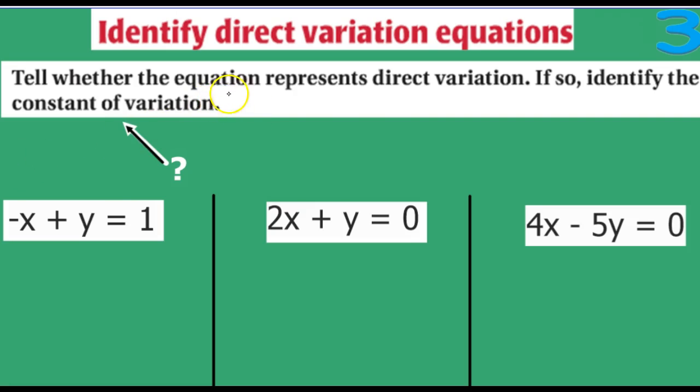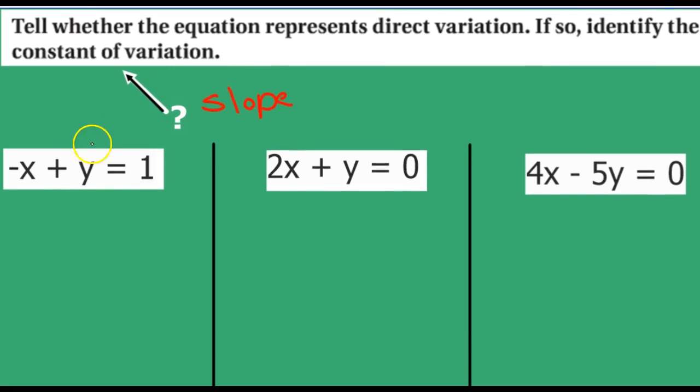Here we have to tell whether the equation represents direct variation or not. If so, identify the constant of variation. Now if you remember, the constant of variation, that's our slope. So we need to figure out if these have direct variation. So that means that we're not going to have a y-intercept. So we need to get y by itself.